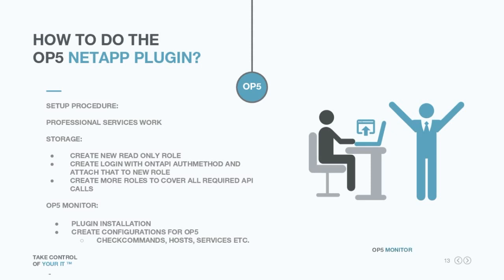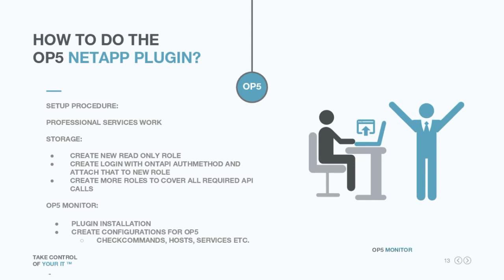Usually you create a read-only user and assign some roles to it in order to read those API calls. For the OP5 Monitor part, you just install the plugin and create the configurations: one for the check commands, one for hosts and services, and so on.